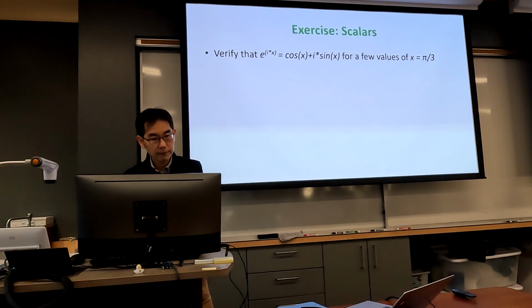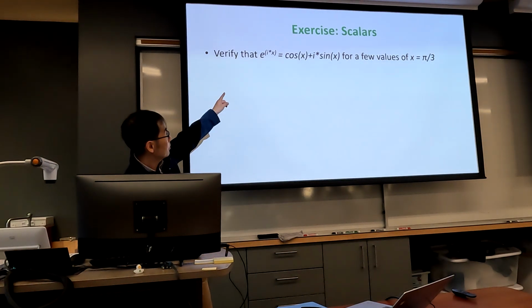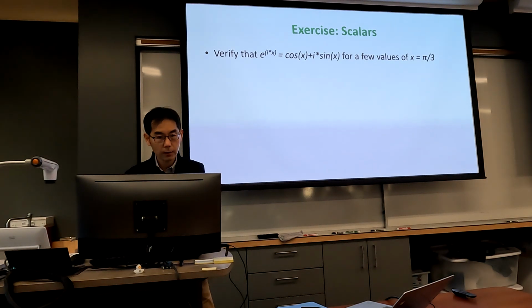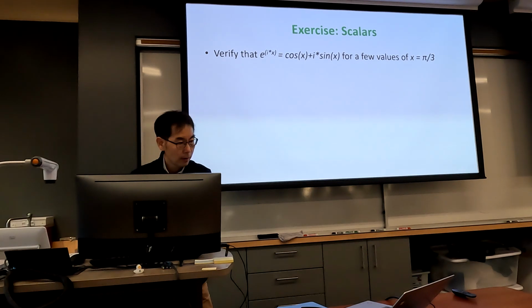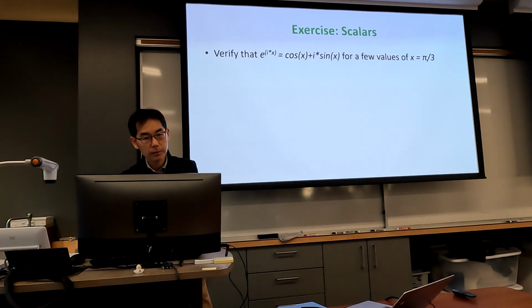My left side value is an exponential, so I call it var1, which is exponential of i times x. And my right side variable, var2, I type cosine x plus i times sine x.